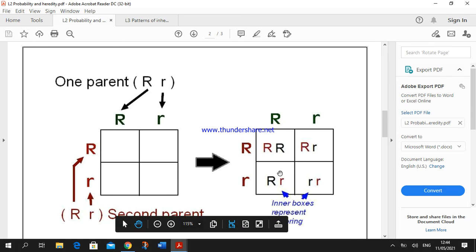The result is shown in the inner boxes, which represent the offspring.